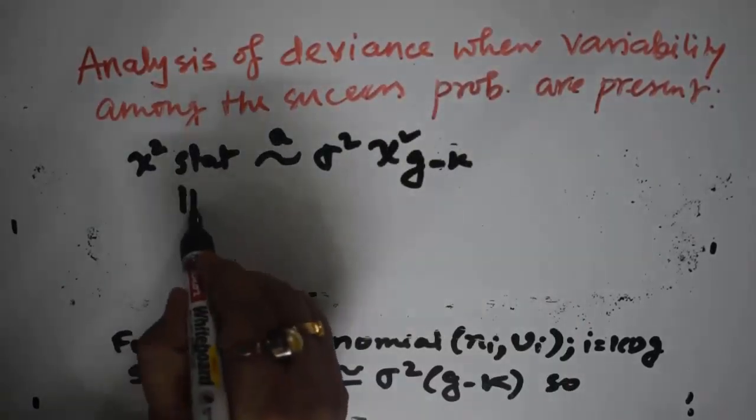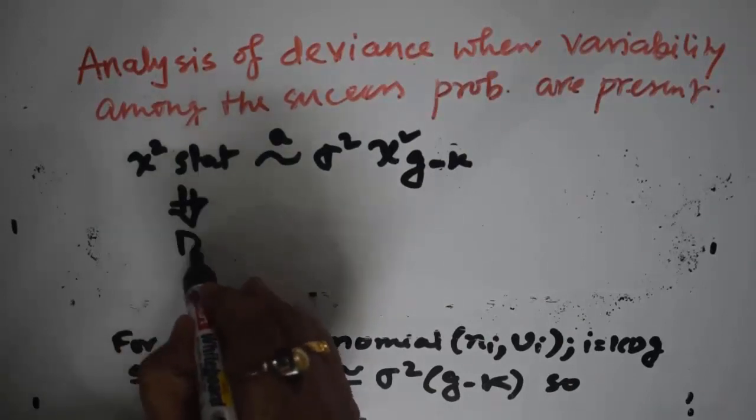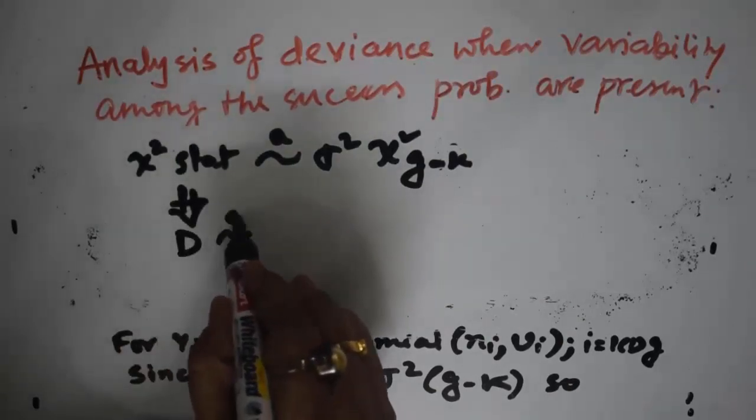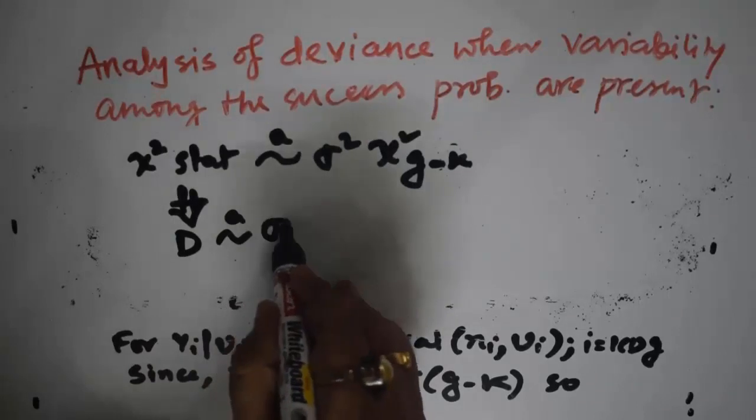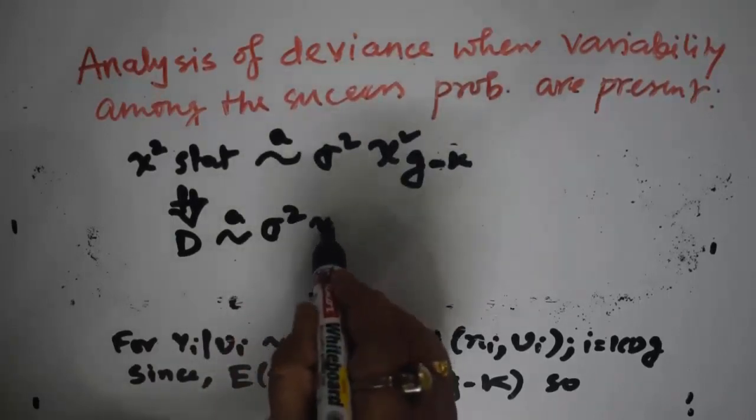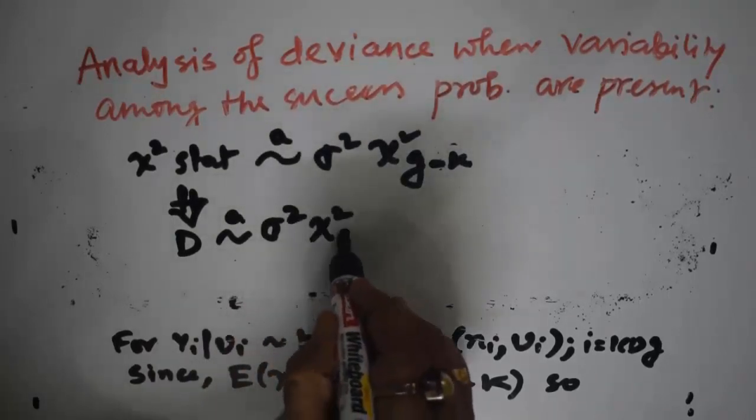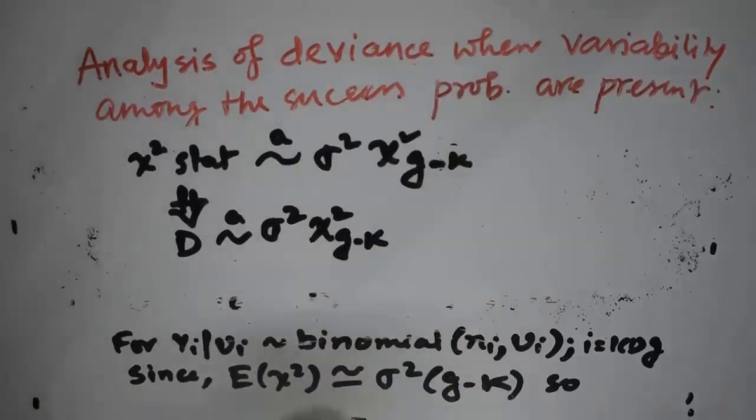So deviance statistics D follows chi-square g minus k into sigma square.